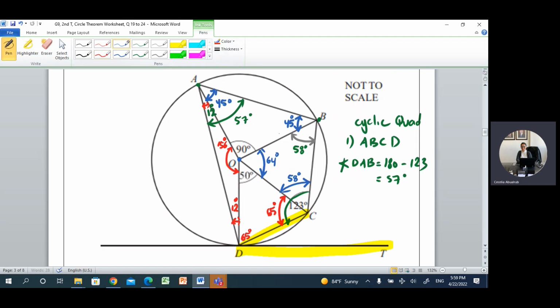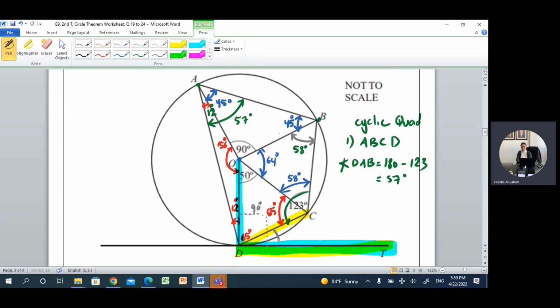So as you can see, this is the radius OD and this is the tangent TD, which means that this angle here is 90 degrees.